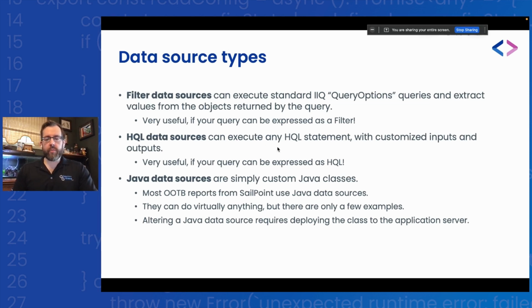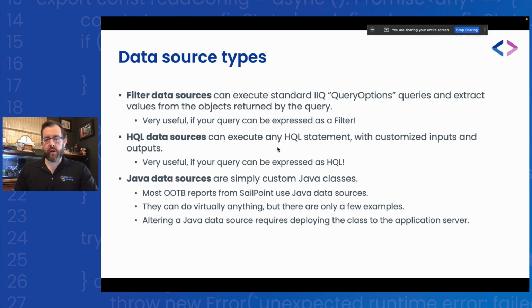You are responsible for specifying the object type you want to return. So I want to query for identities, or I want to query for audit events, or something like that. And then your report column configs at that point are responsible for extracting properties out of that object. So you'll get back an audit event, and then each one of your column configs extracts some kind of a property out of that.